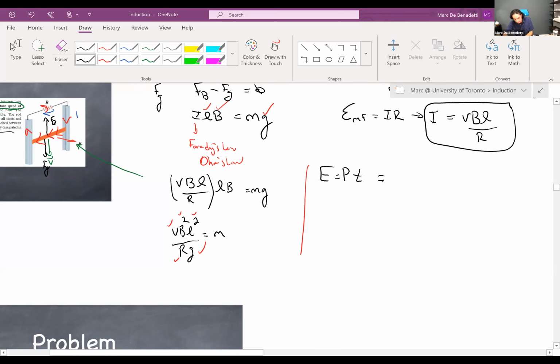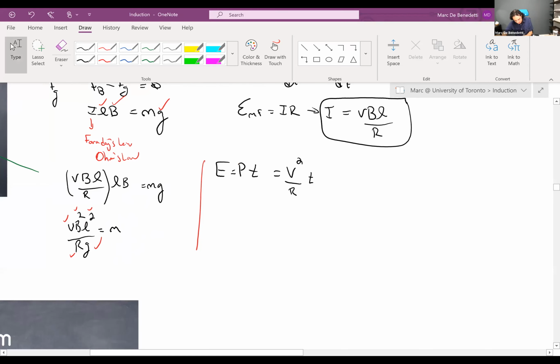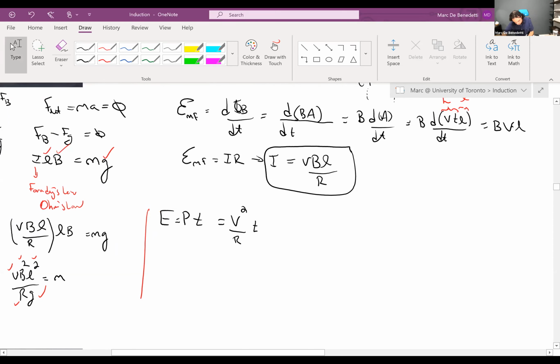And we know power can be represented in a few ways, but V squared over R is probably the safest way to go about solving for power, and you can multiply this by time. So you could say the voltage, we know, B squared v squared L squared over R times delta t, right? And then there you go. So it turns out we didn't even need m.